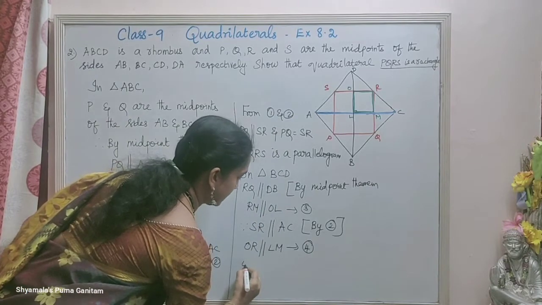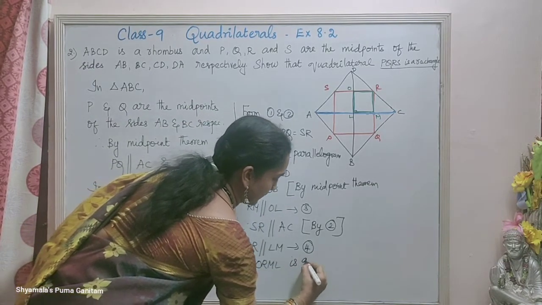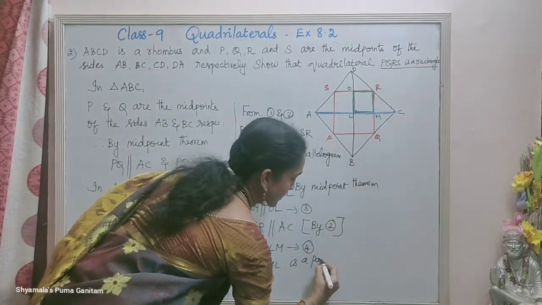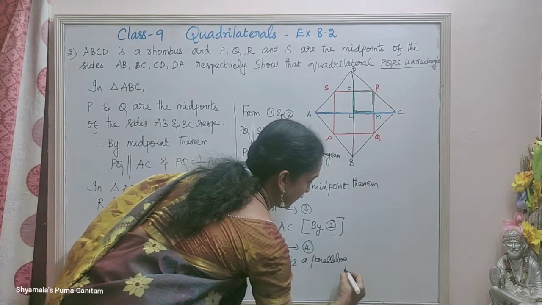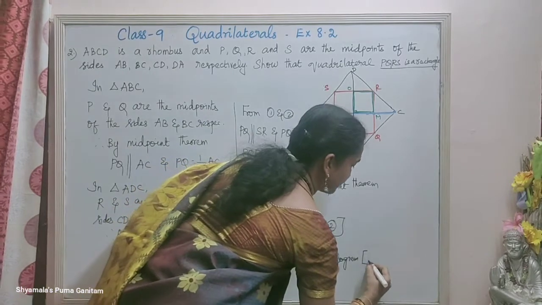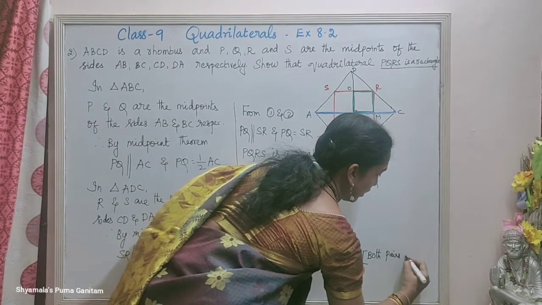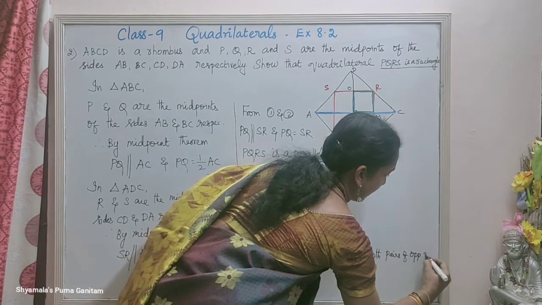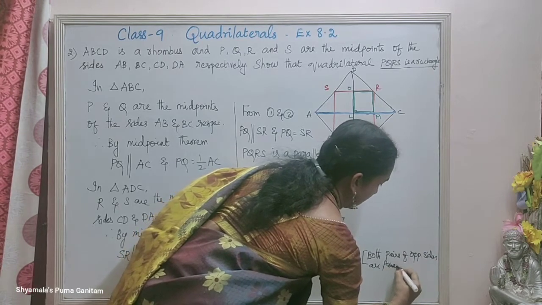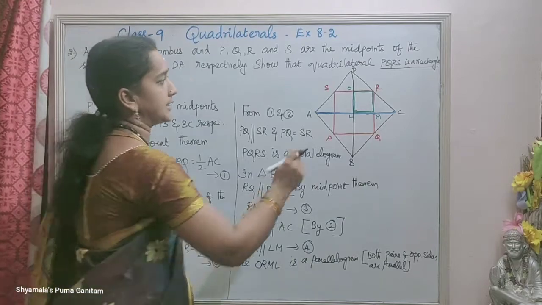That is, ORML is a parallelogram, since both pairs of opposite sides are parallel.